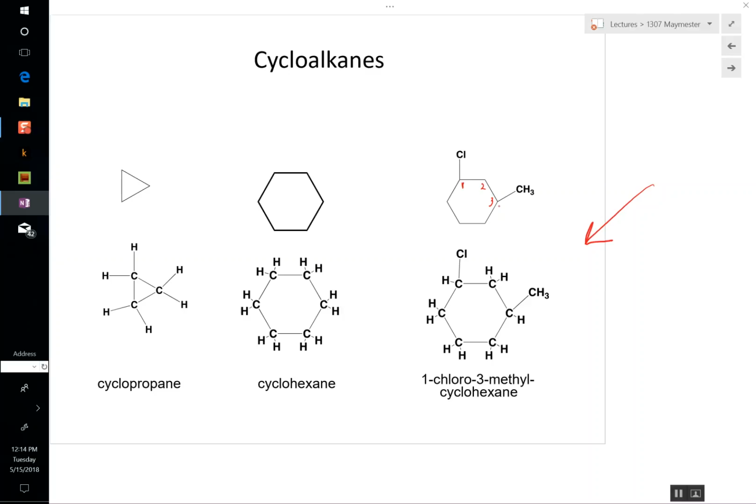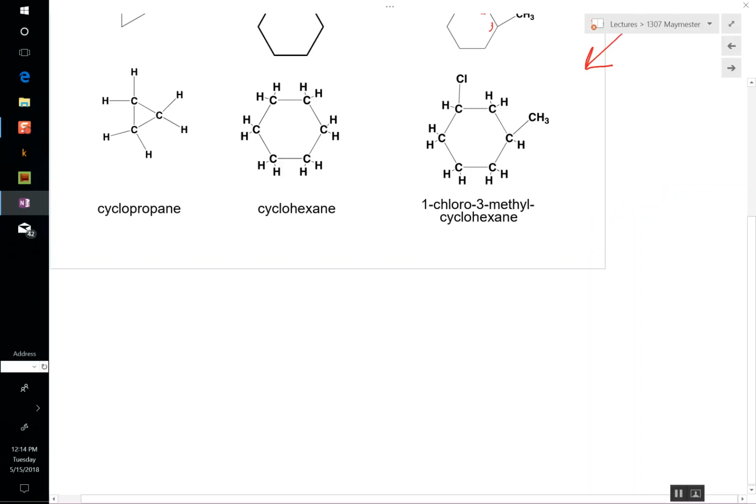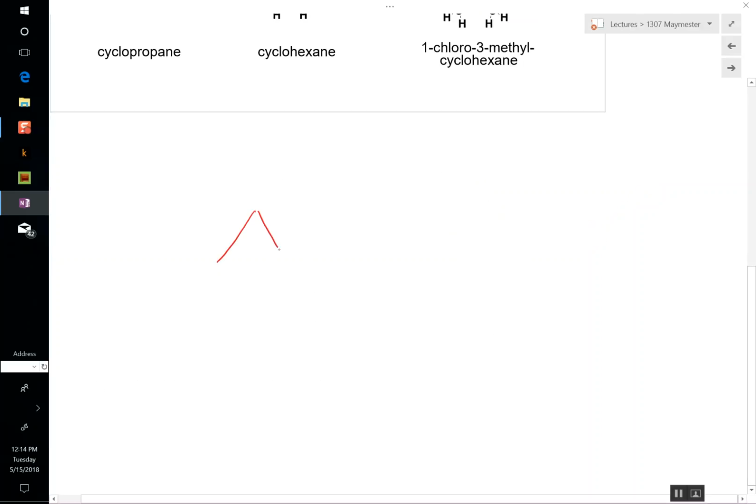Where to start numbering? Well, let's take a simpler one. Actually, in this case, the name tells you if it says 1-chloro, that means carbon number 1 is going to be the one with the chloro.